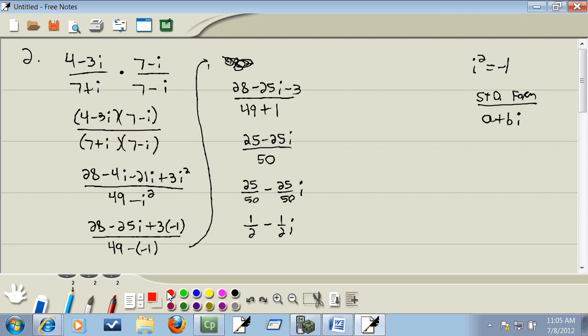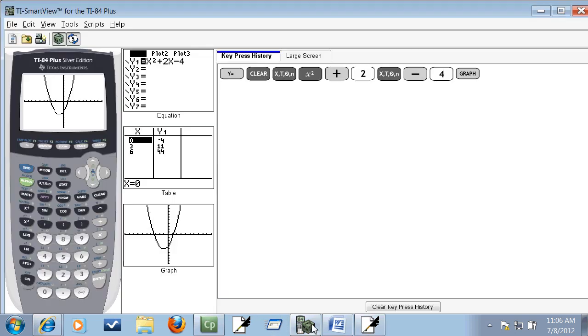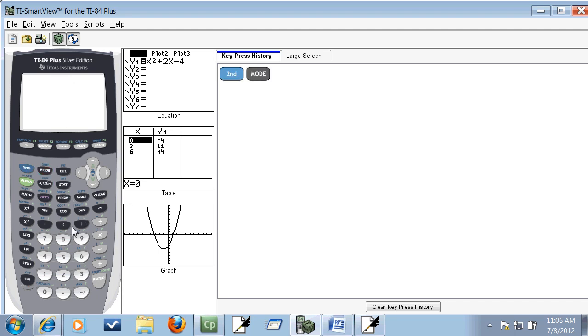Now let's take a look plugging these in our calculator. And the key is if you ever have more than a single number or a single variable on top or bottom of your fraction, you have to put parentheses around it. So put parentheses on top, put parentheses around the bottom when I'm plugging in my calculator. I'm going to press second mode to get out of graph mode, if you're in the graph mode.